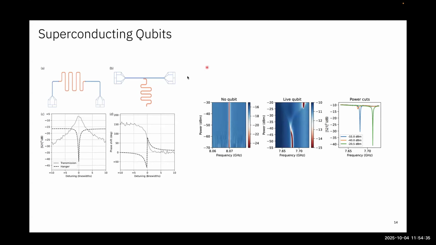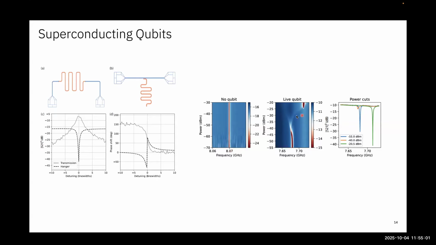But if you have a qubit connected to a resonator, you can easily check if your qubit is alive, meaning your qubit is working, or there is no qubit. What you do is increase the power of the signal going in and out. When there is no qubit, you just get a resonance because there is no coupling, nothing changes. You just get a direct tone at the frequency of your resonator.